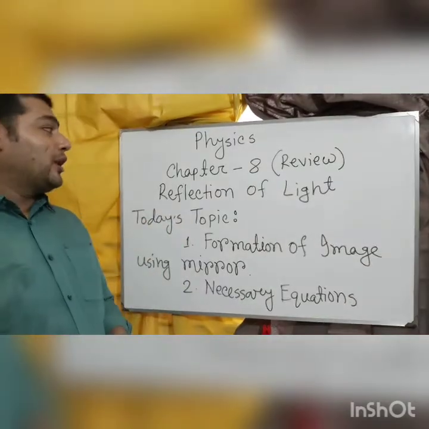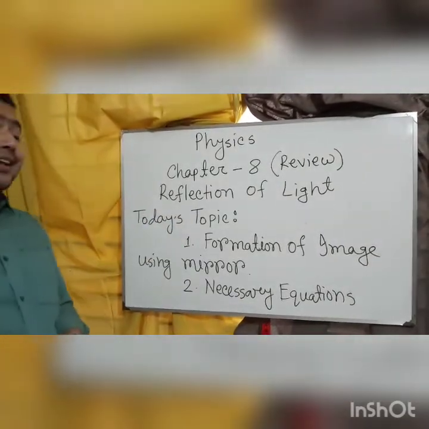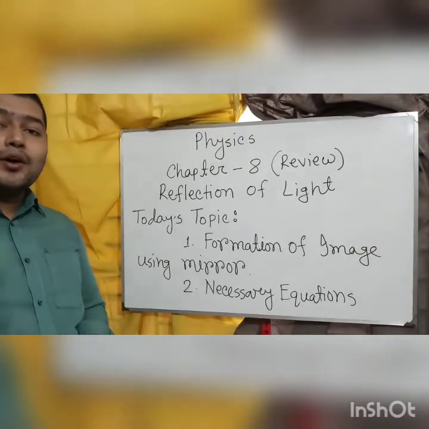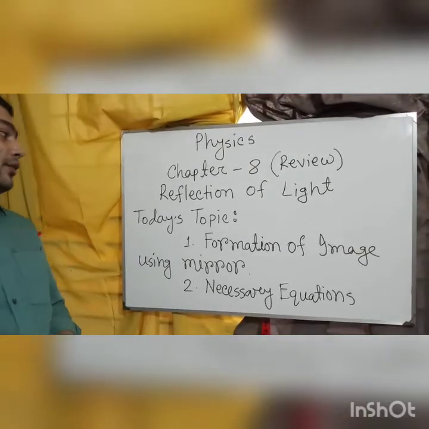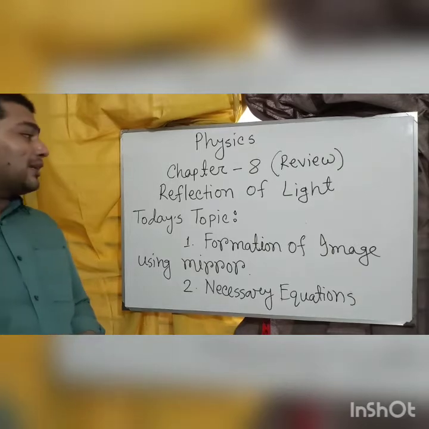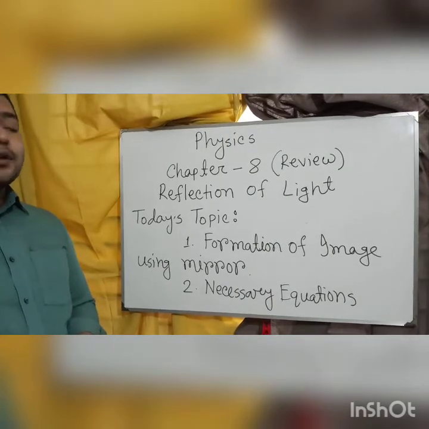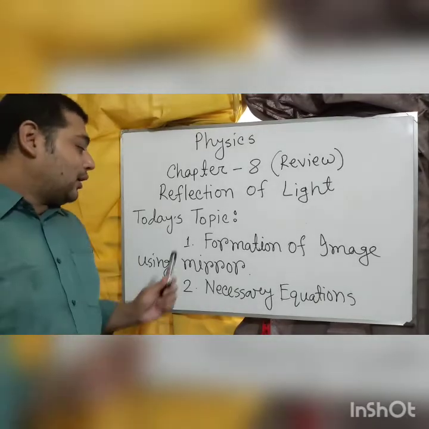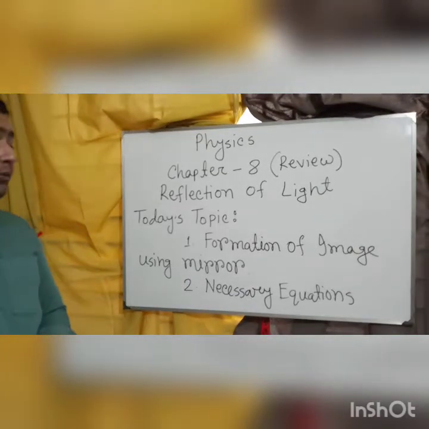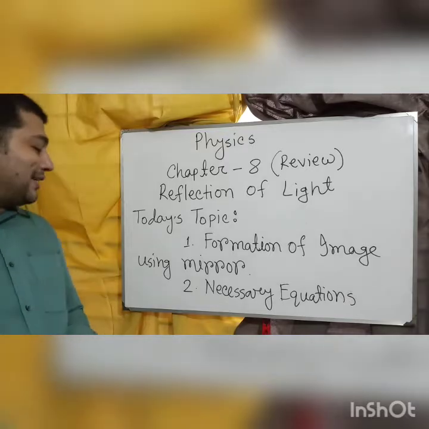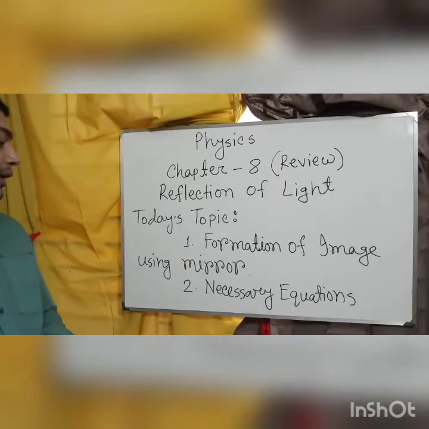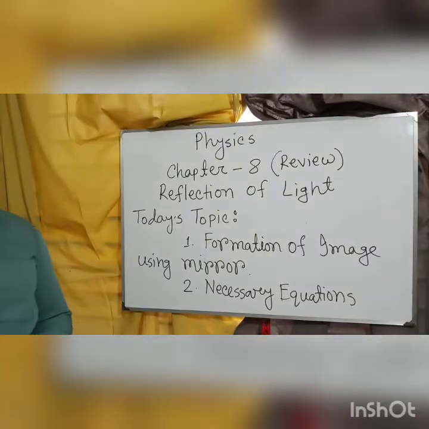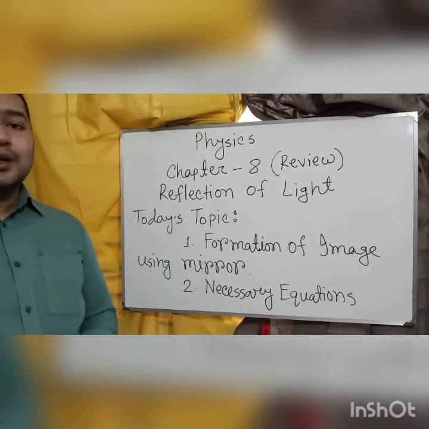Today we will discuss chapter 8. This is our review class, especially for class 10. The name of our chapter is Reflection of Light, and our topic is topic number 1, formation of images using mirror, and topic number 2, necessary equations for solving mathematical problems.